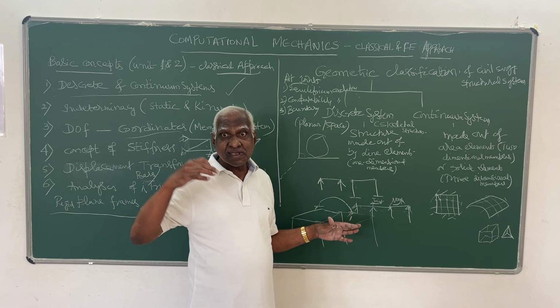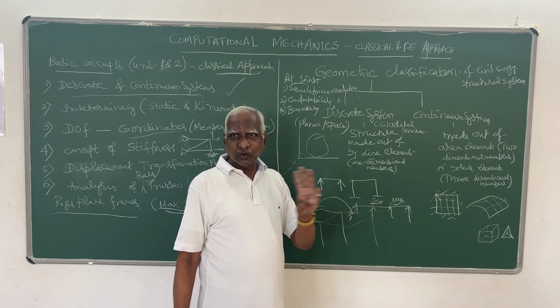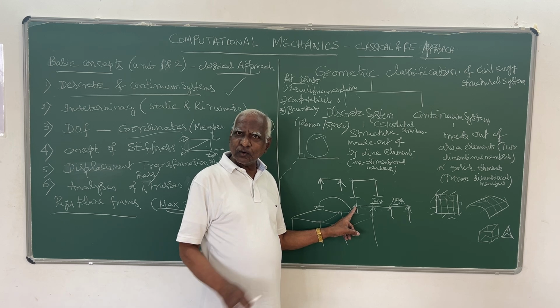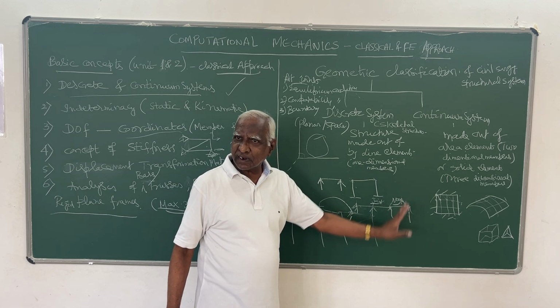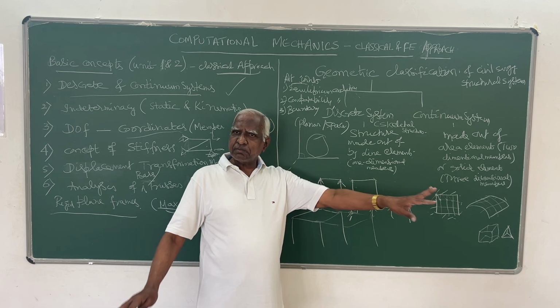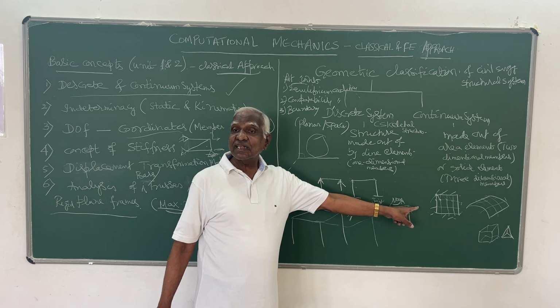Only in space 6 displacements, but in planar structure it is only 3. So here fixed support, no displacement. Here simple supports, vertical displacements are not there. Right? Axial displacement is 0 for all the joints. So here rotations can occur.